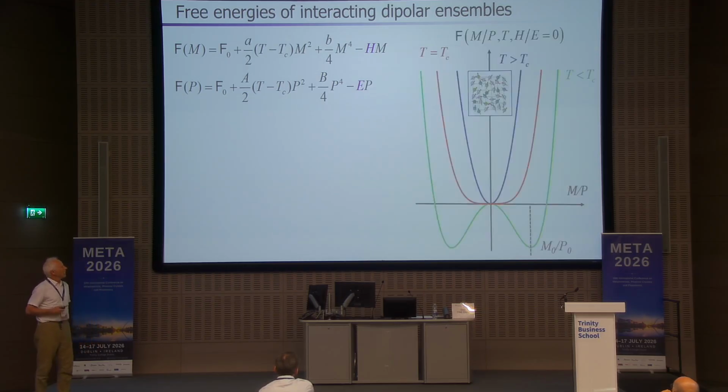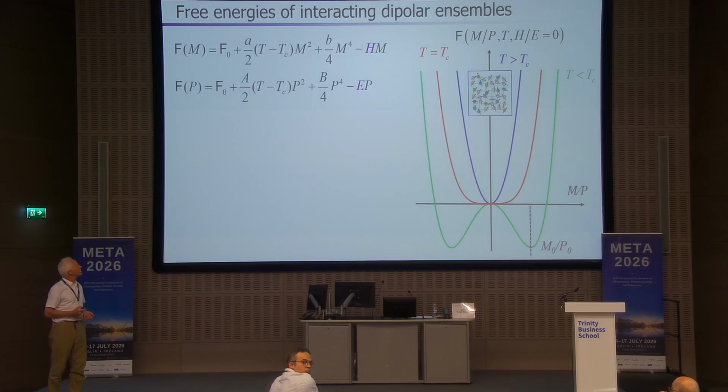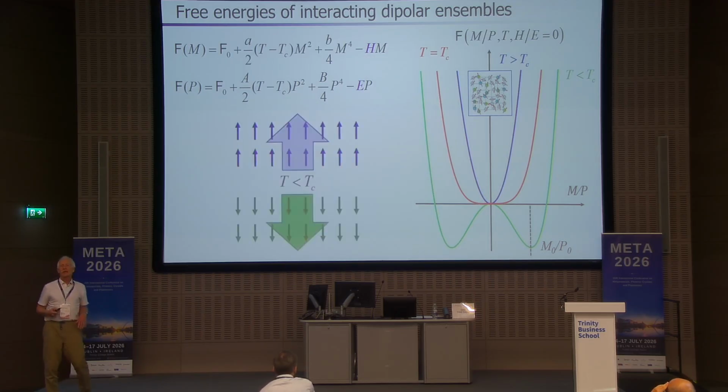At high temperatures, the quadratic term is positive, all terms are positive, and we find that the free energy has a minimum at order parameter 0. Then we have a paraelectric or paramagnetic phase. At lower temperatures, however, we develop an inverse camelback type of structure with two minima, which correspond to an ordered state where all the dipoles point either up or point down, like indicated here.